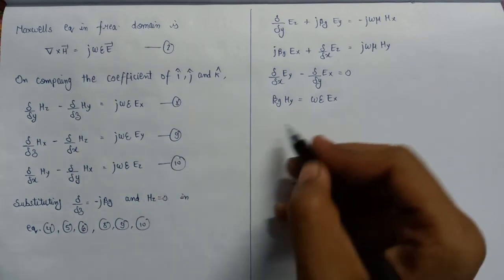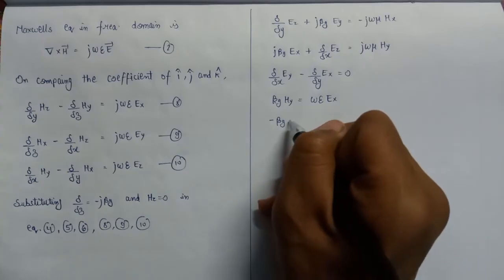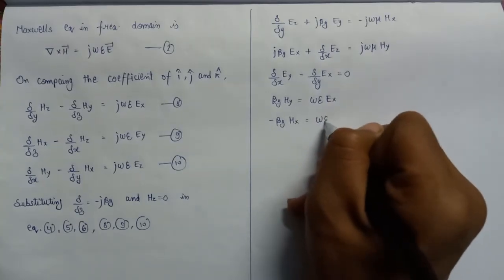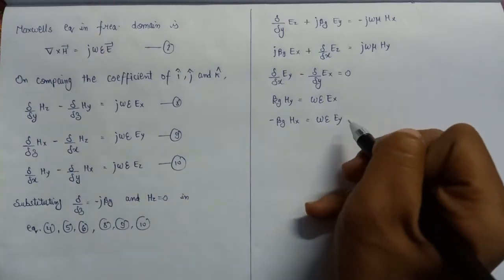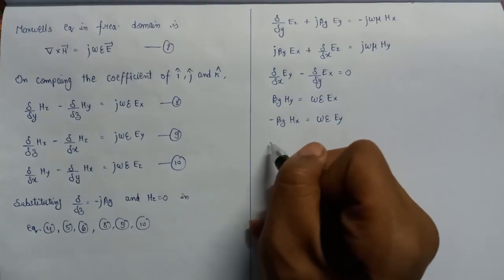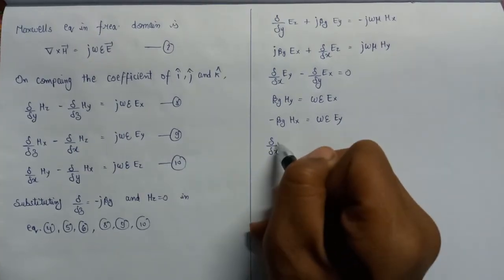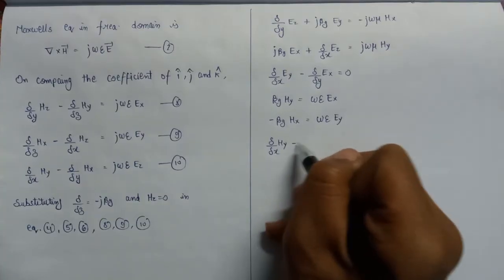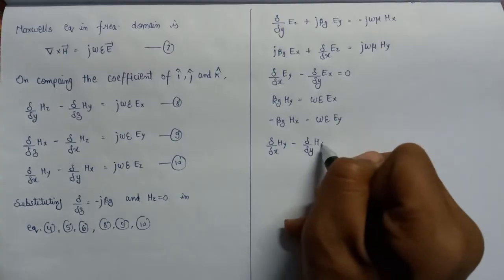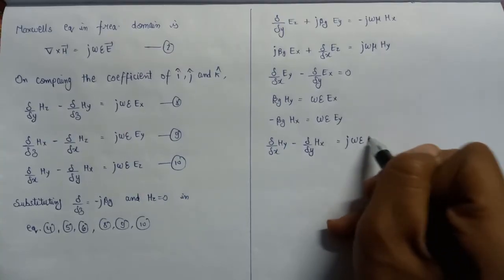From equation number 9, we get minus of beta g into Hx equals to omega epsilon into Ey. And from equation number 10, we get del over del x into Hy minus del over del y of Hx equals to j omega epsilon into Ez.